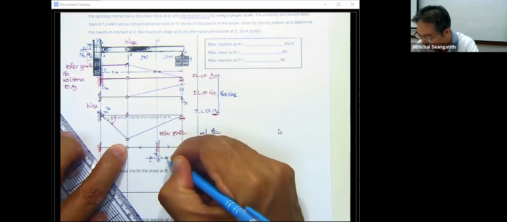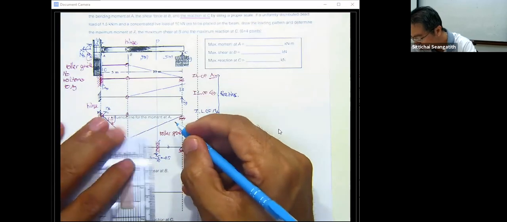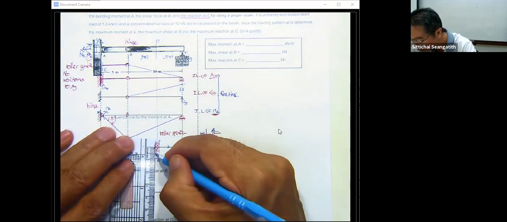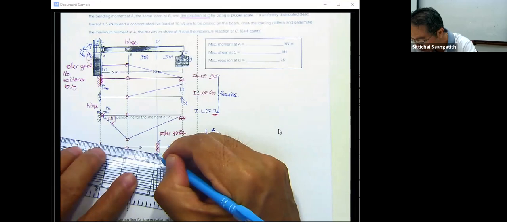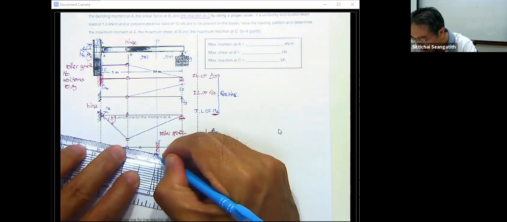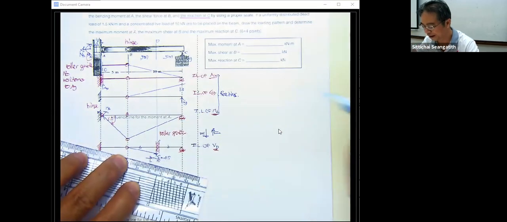That is minus 0.5. So by doing this, just put this one at half a centimeter, and this hinge is going to be the rotating point. You get this.